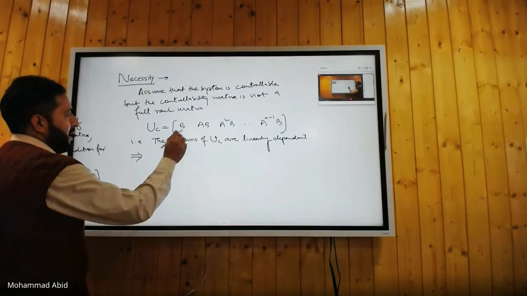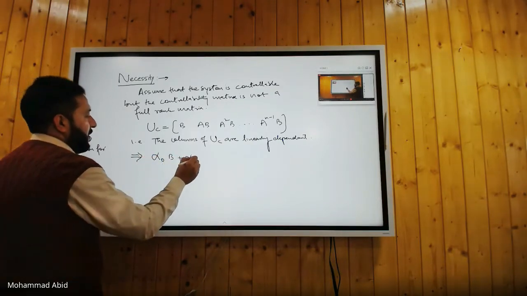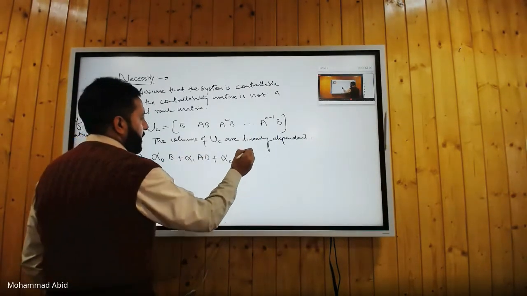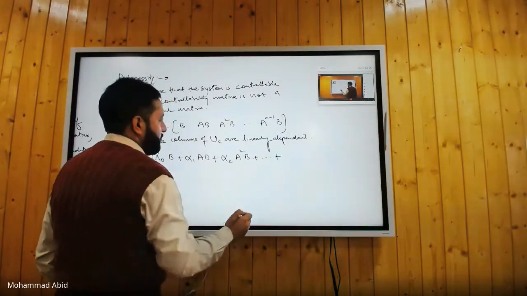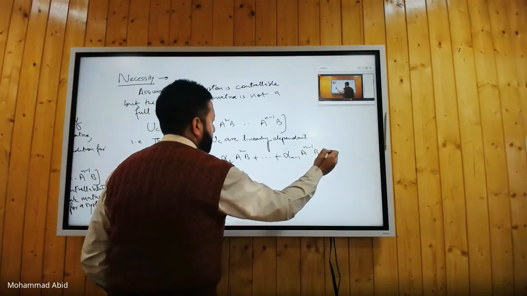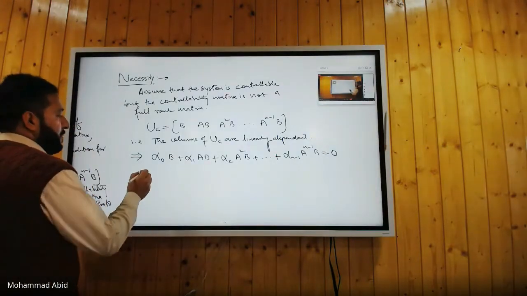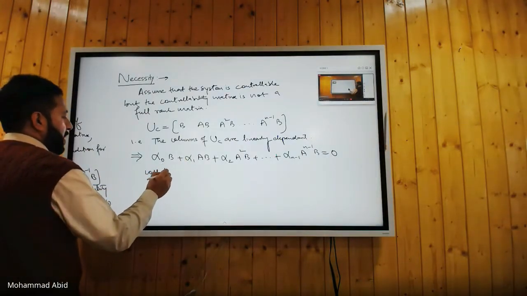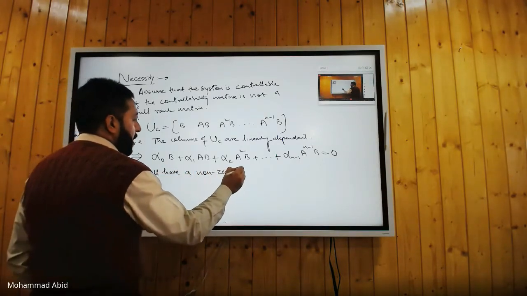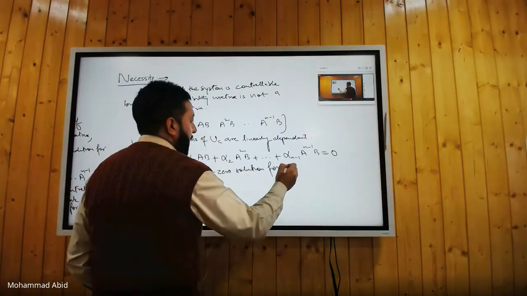that if I take the linear combination of its columns, that is, alpha naught B plus alpha 1 AB plus alpha 2 A square B plus, and so on, alpha n minus 1 A to the power n minus 1 B equal to 0, this equation will have a non-zero solution for the alpha vector.